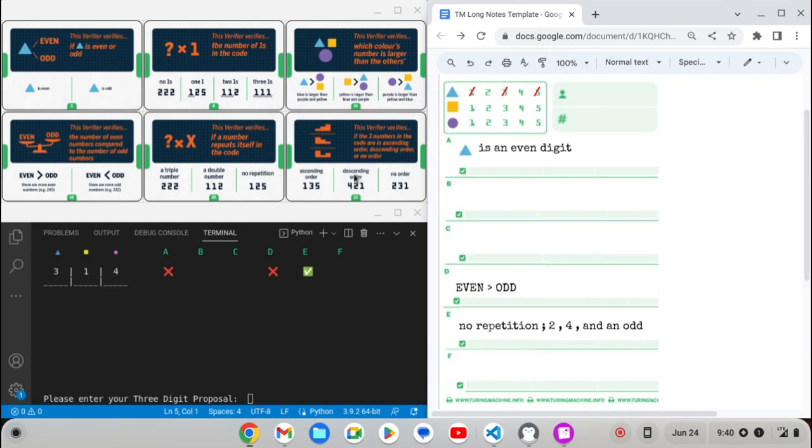So let's see. If there is a 1, we know that the largest would be 4. We just wouldn't know where it would be. It could be triangle, because it is an even. What if, and let's see, so that means that 1 would either be, if it is there, either square or circle. And perhaps then, if there is a 1, then perhaps triangle would be the largest.